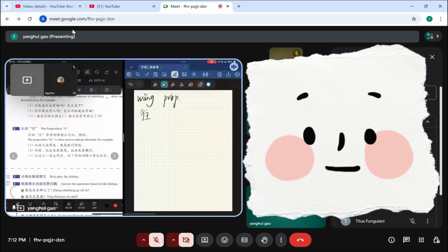Okay, so now we know the 往 is a preposition and it's often used to indicate the direction.